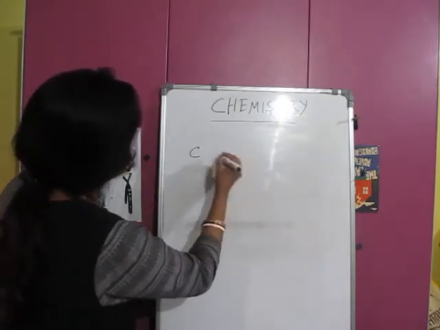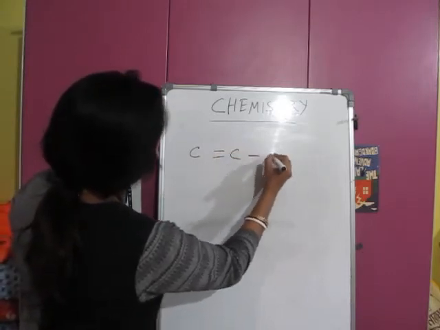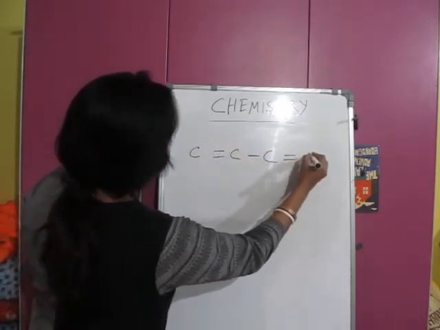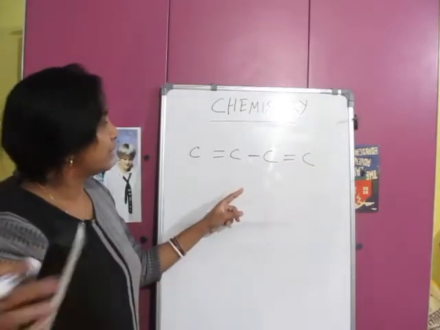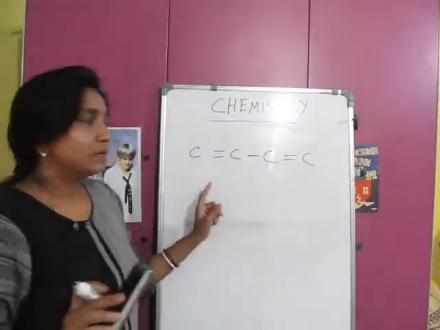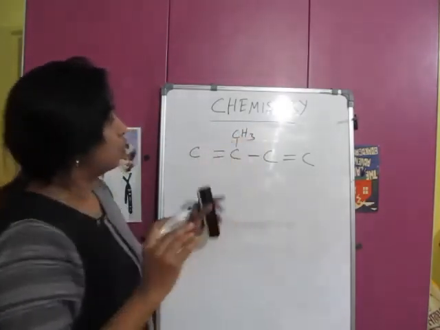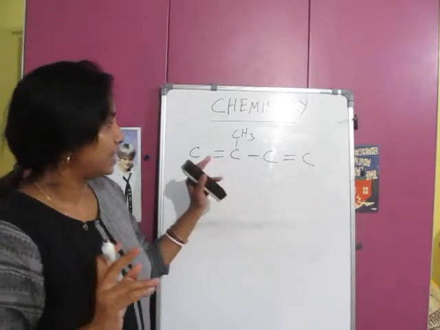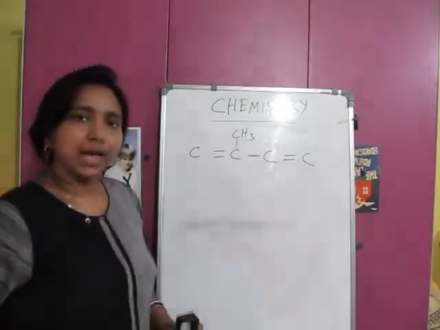First write the carbons. 2-methyl, 1,3-butadiene, so the 1 position and 3 position are double bonds.